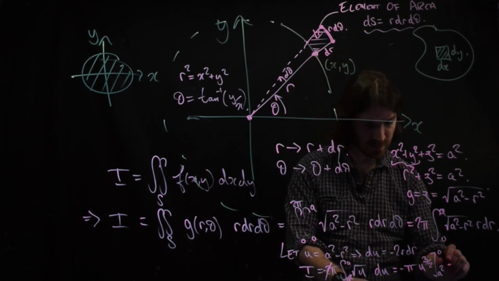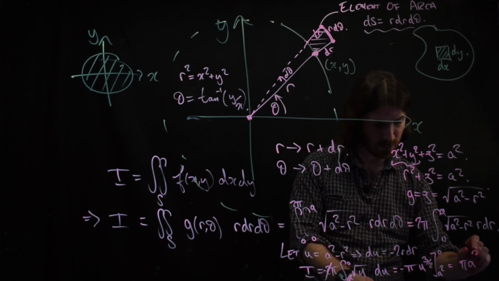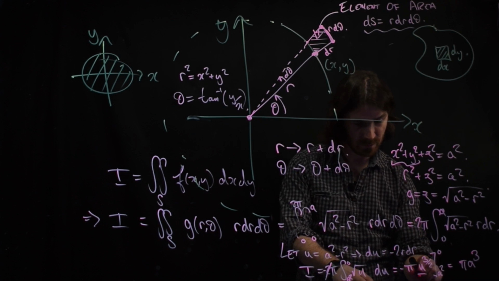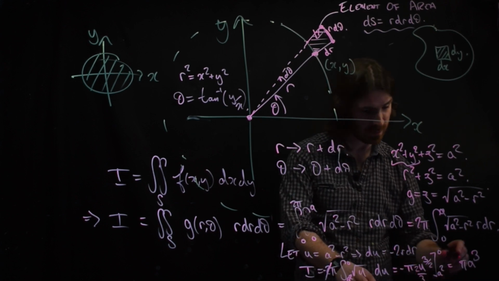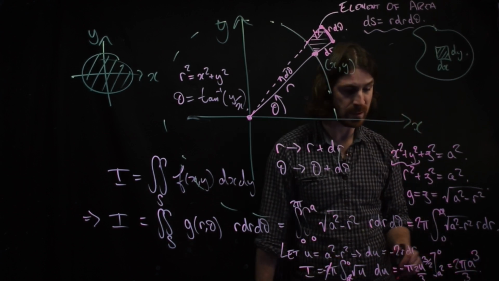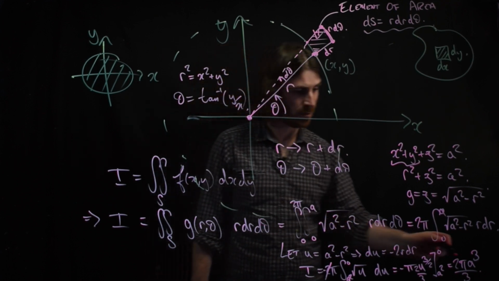So this equals pi a cubed. Oh, and yes, we lost a 3 over 2. So this is 2 pi a cubed over 3, which is half the volume of a sphere, as expected.